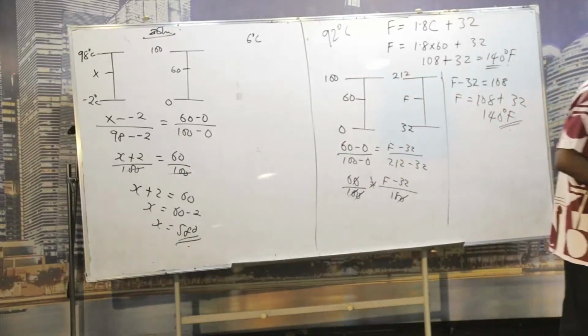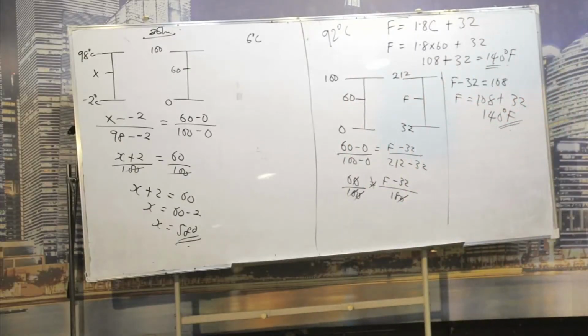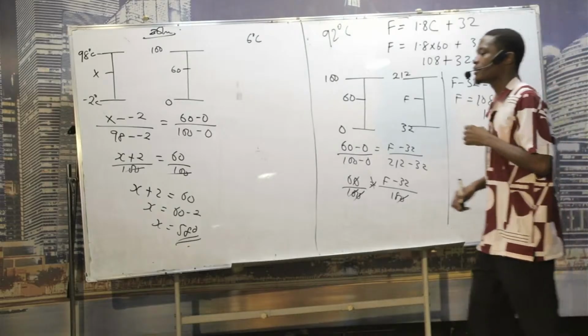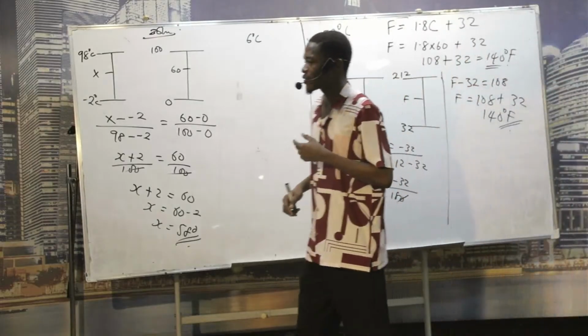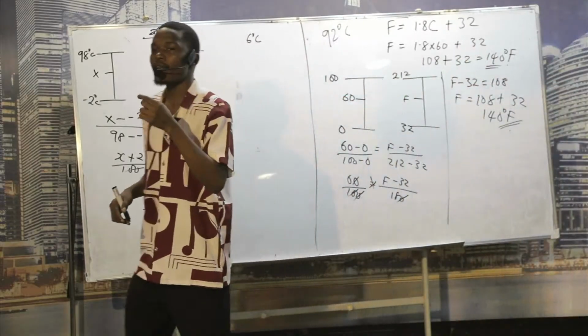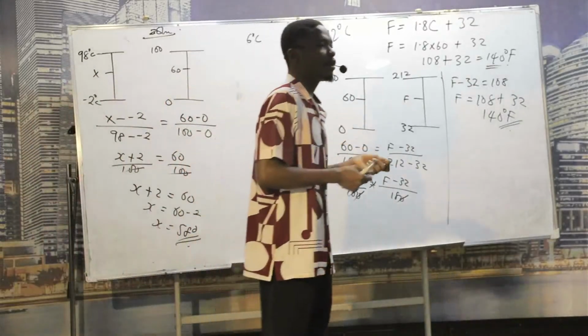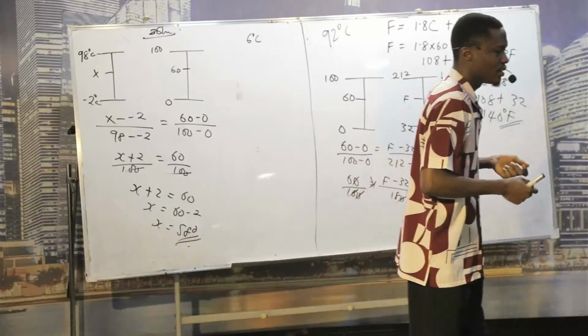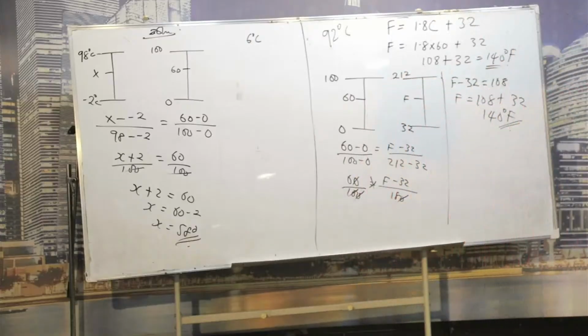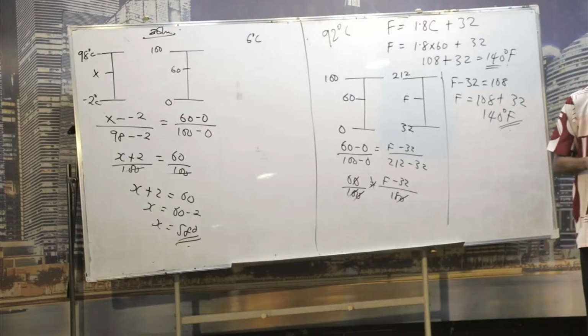First step: determine the actual reading when this thermometer records 28 degrees C. Good. Now let's move on.